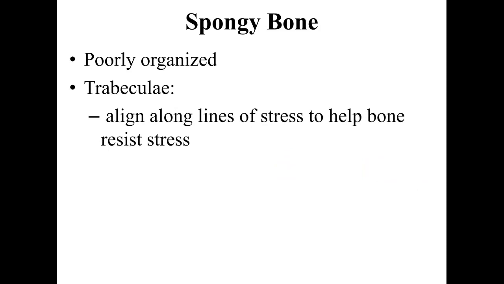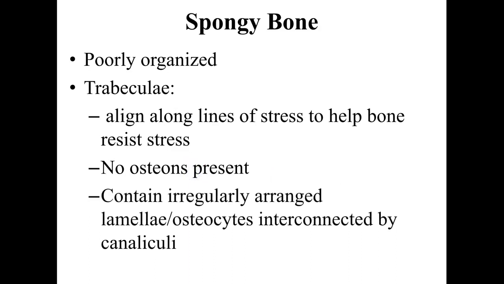They're going to line along lines of stress to help that bone resist the stress that it's being put on. It's not going to have osteons present inside of the spongy bone. It's going to contain irregularly arranged lamellae. Osteocytes are going to be interconnected by the canaliculi there. That's going to be around that hard bone, which is usually on the outside of the spongy bone.